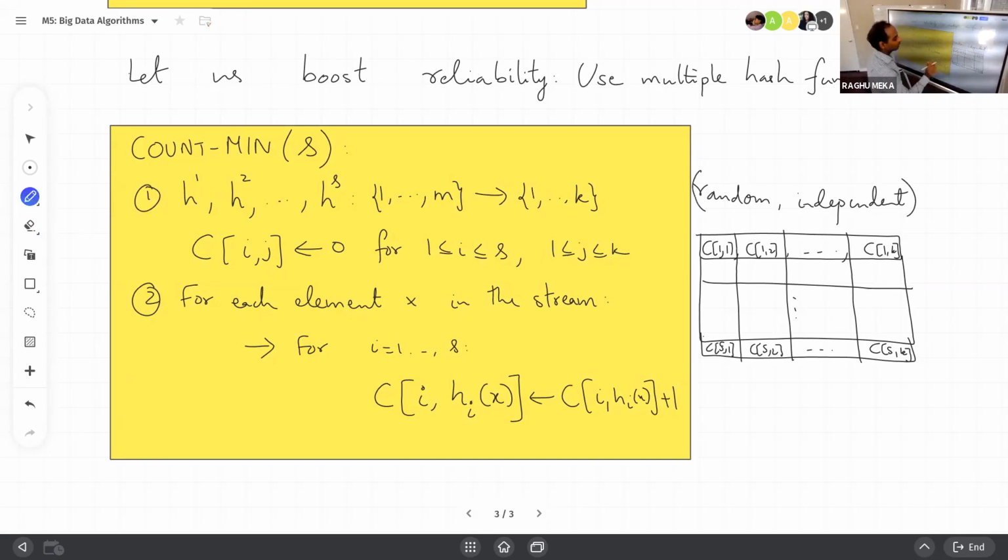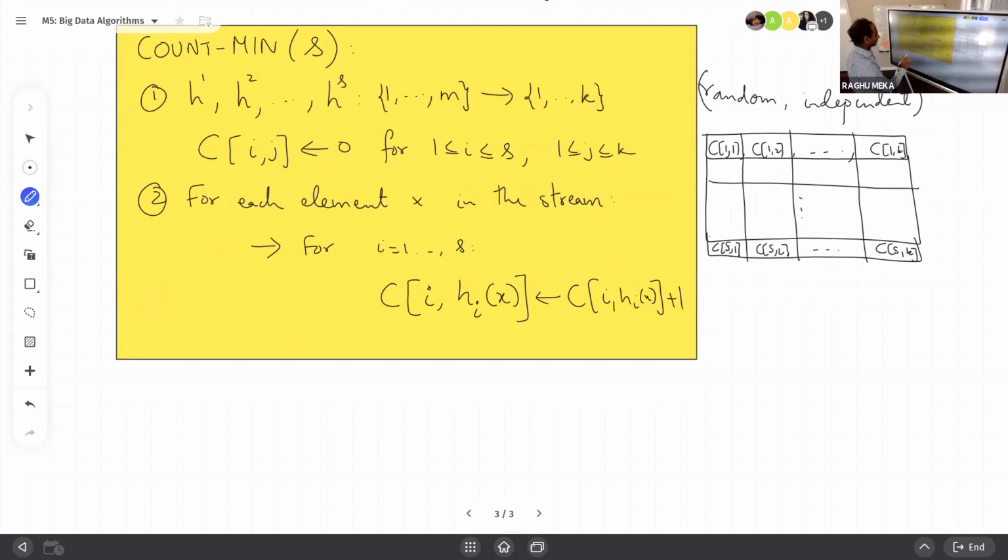But how about the query phase? So what should I return when I see a query? So earlier, we just went to the corresponding counter C of h of a and returned that. But now we have S things.